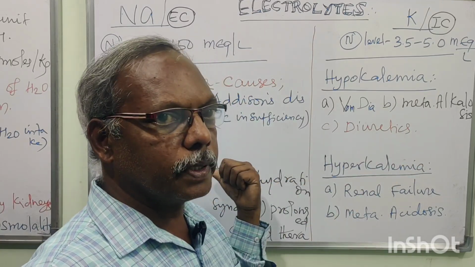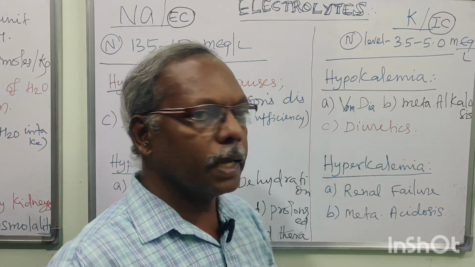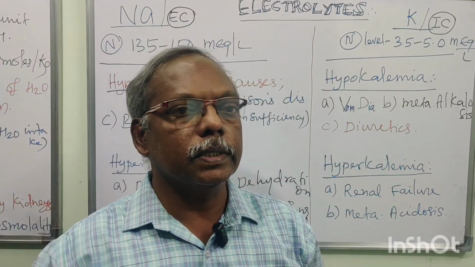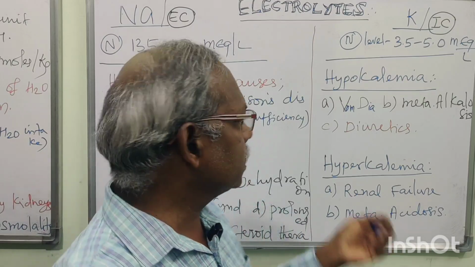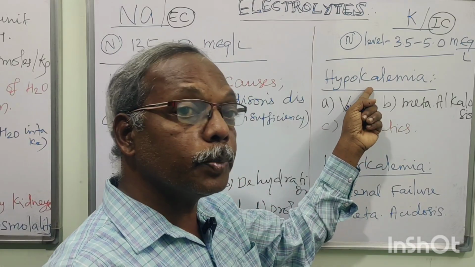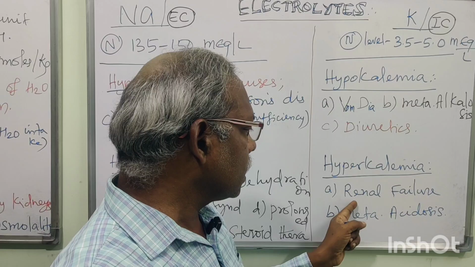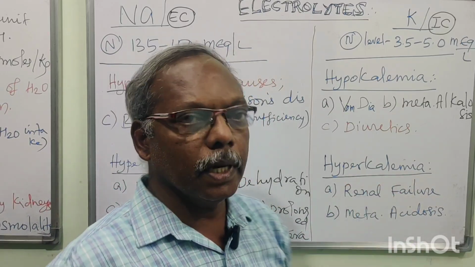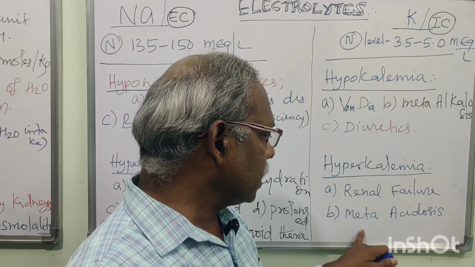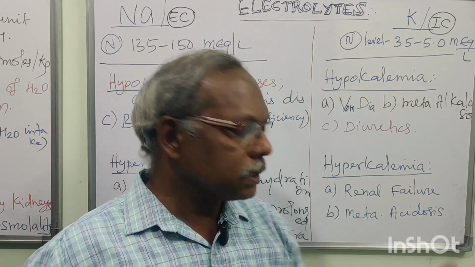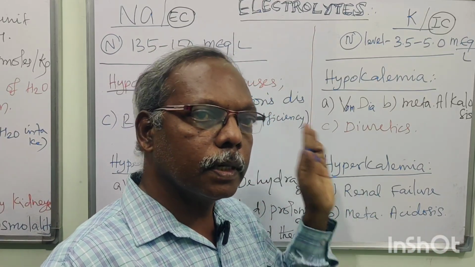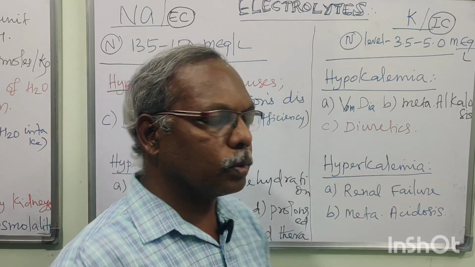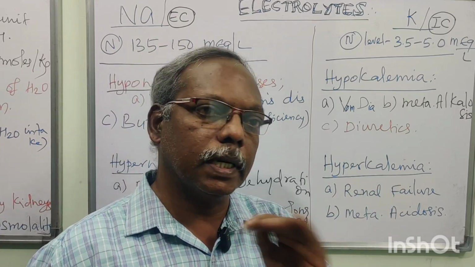The drug name is diuretics. If the patient is taking diuretics, all the potassium will be excreted by urine. That is why diuretics produce hypokalemia. Here the first condition is renal failure. That is for hyperkalemia. Renal failure and metabolic acidosis. There are so many causes. These two are enough for your university test questions. Okay. So for hyperkalemia, only two causes, renal failure and metabolic acidosis.